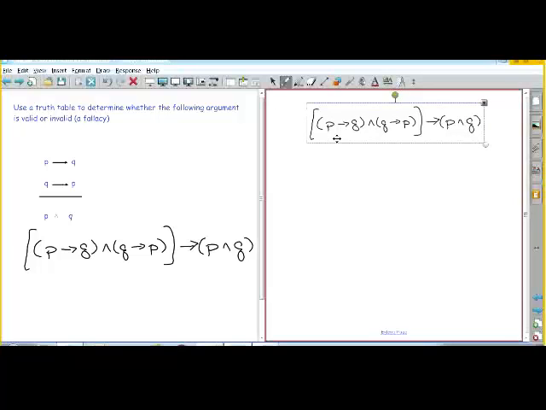So let's think about this. We need 4 rows because we have P and Q. Then columns, we need 2 columns for P and Q. We need 1, 2, 3, 4, 5, 6, 7, 8, 9, 10, 11 columns for the argument. So 11 plus 2 is 13. So we'll need a 5 by 13.